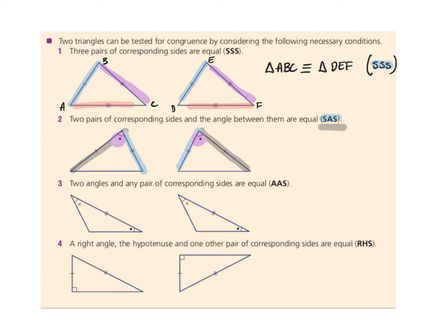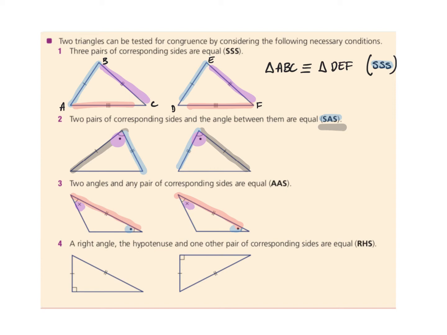And if we have two angles the same, so here we have an X and an X and then the dot and the dot, and also a matching side length, we can say they're congruent as well.